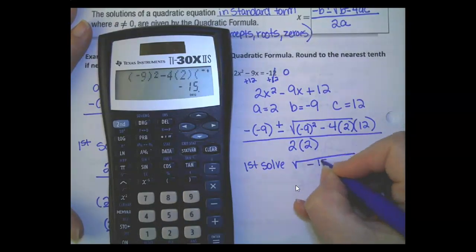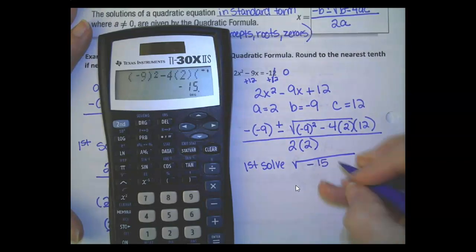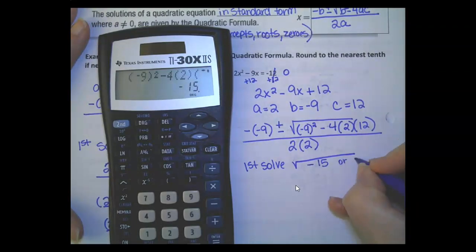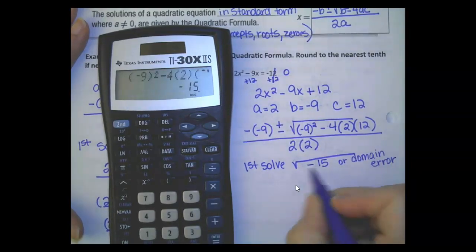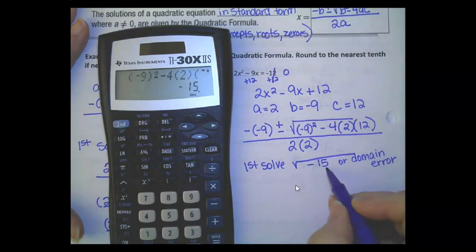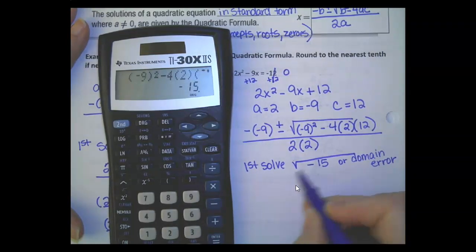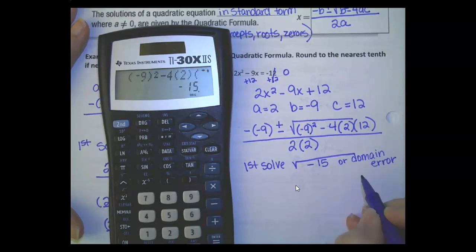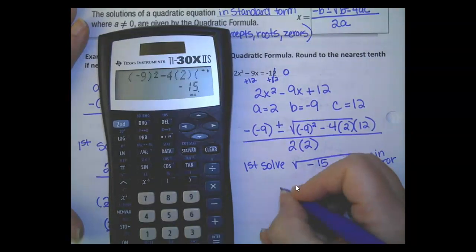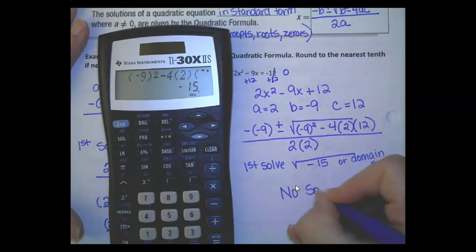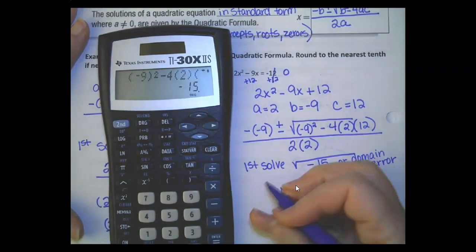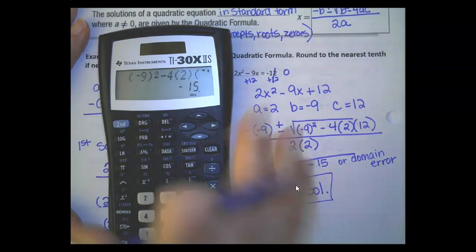That's why we got a domain error. If you get a negative, there is no such thing as a number times itself that'll give you a negative. So this is a no solution situation. Well, that was easy. That was fast.